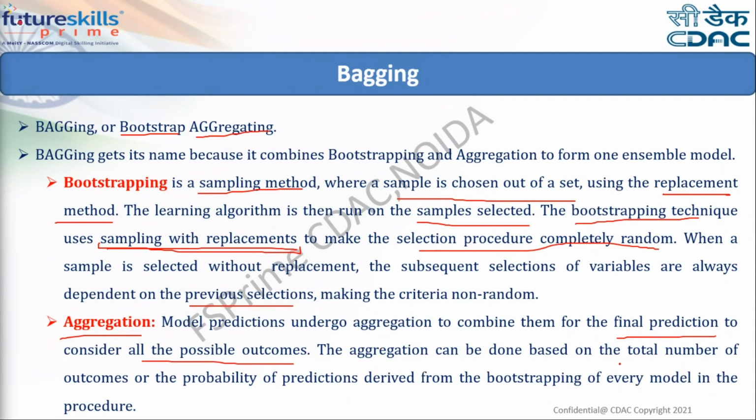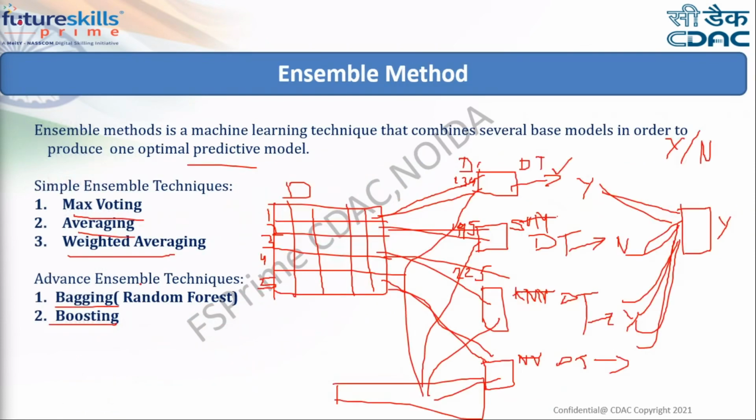The aggregation can be done based on the total number of outcomes or the probability of prediction derived from bootstrapping of every model in the procedure. So basically, they get the result from bootstrapping, and finally the result will be aggregated. What we have discussed is bagging. Bagging is bootstrap aggregating. Now here only you will see random forest.